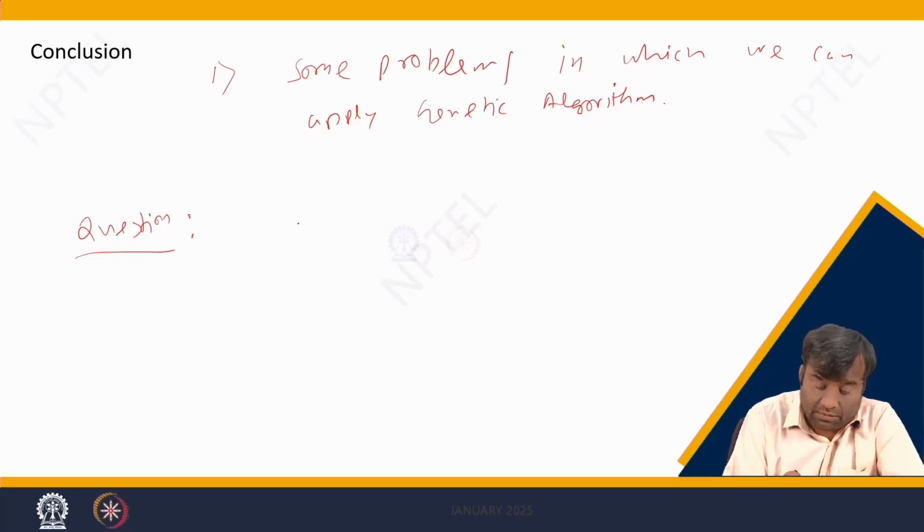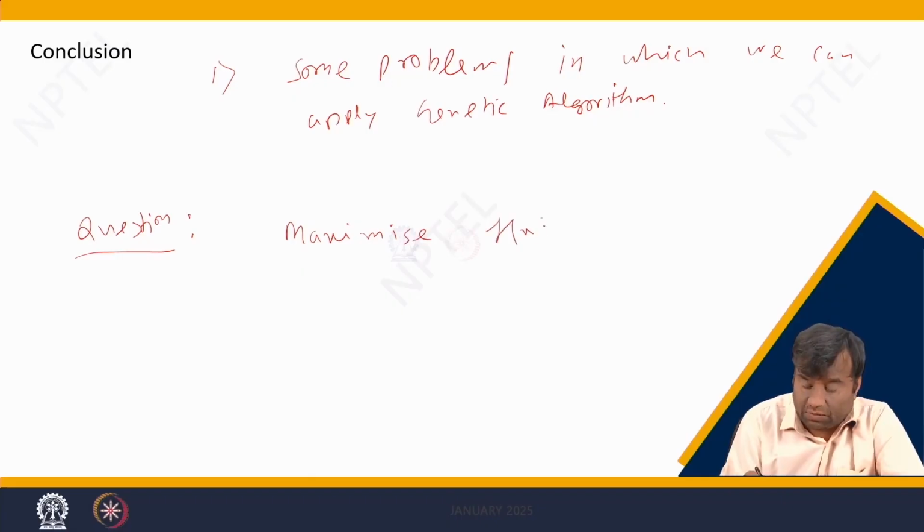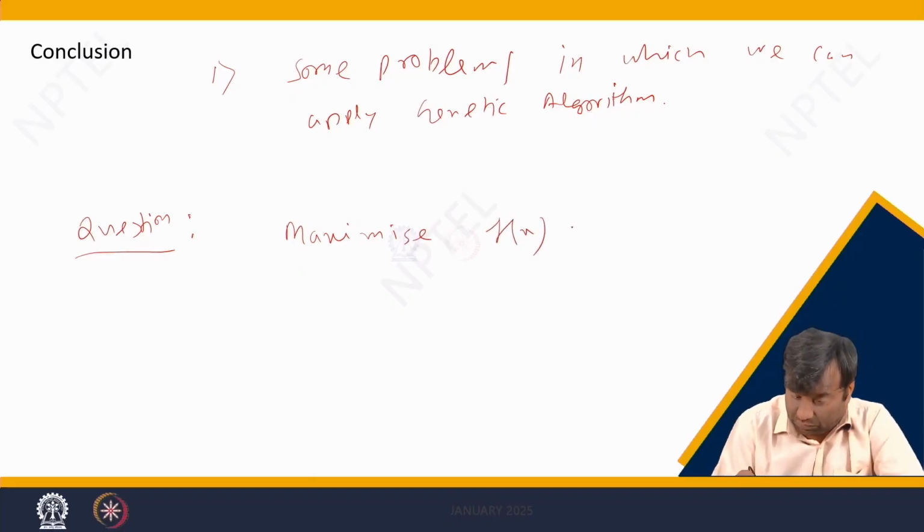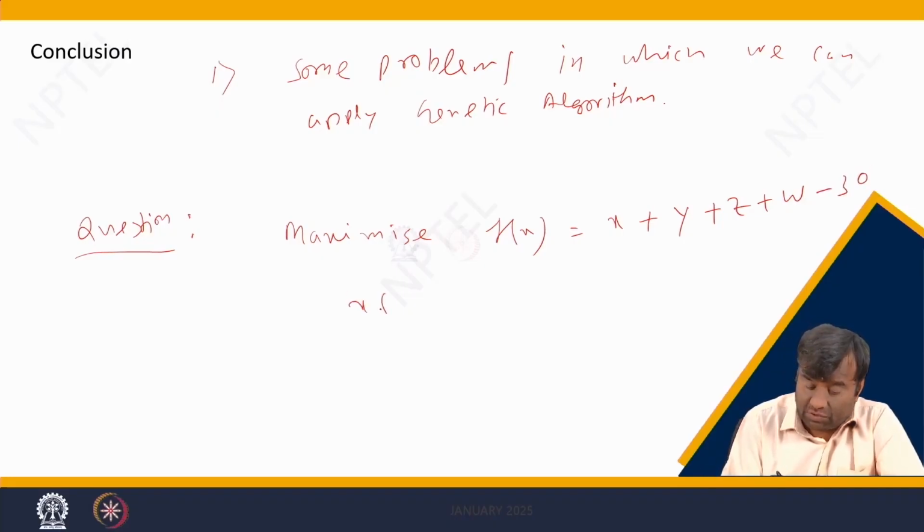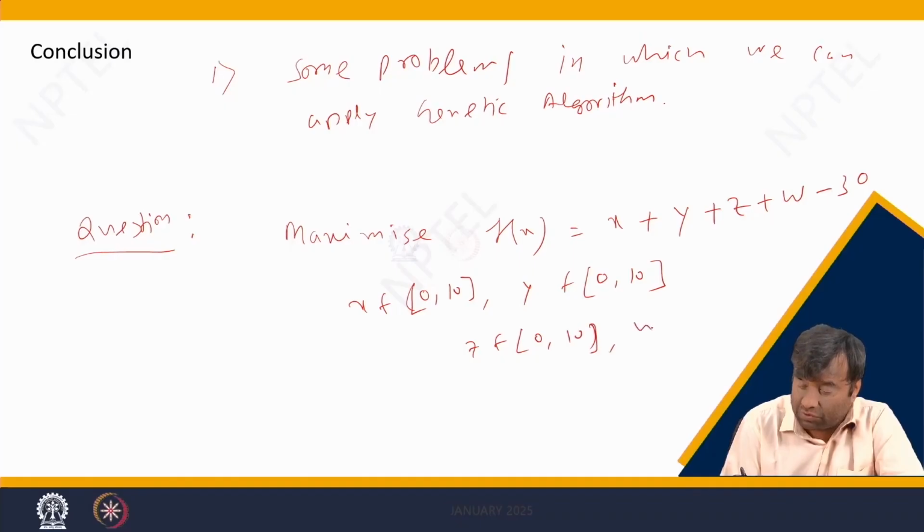Suppose maximize f(x) equal to x plus y plus z plus w minus 30. x belongs to 0 to 10, y belongs to 0 to 10, z belongs to 0 to 10, and w also belongs to 0 to 10.